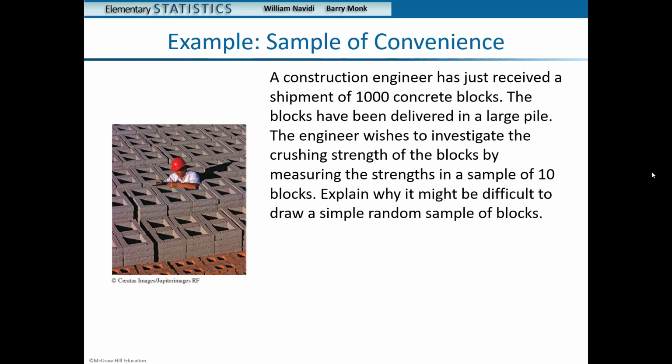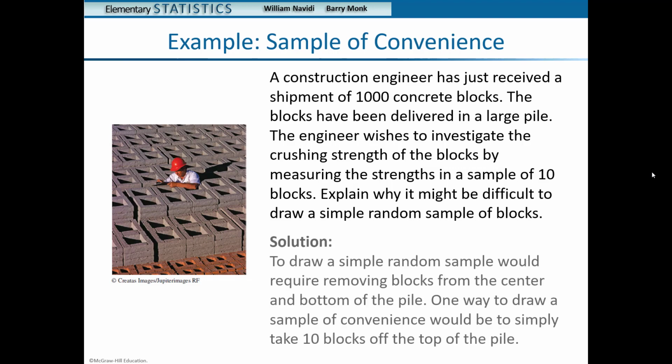In reality, however, that's not going to be practical in this case because it would be really difficult to select blocks from the middle or the bottom of the pile, right? So most likely, if we're drawing a sample of 10 blocks, we're not going to use a truly randomized process, because of the impracticality of removing blocks from the bottom of the pile.